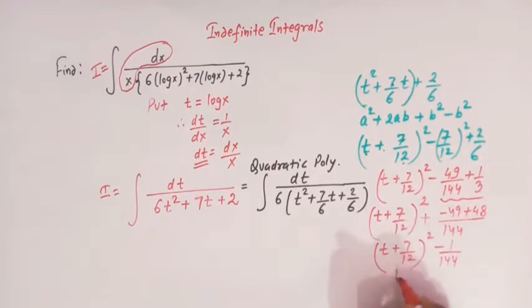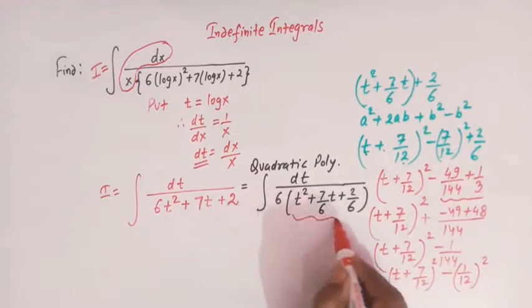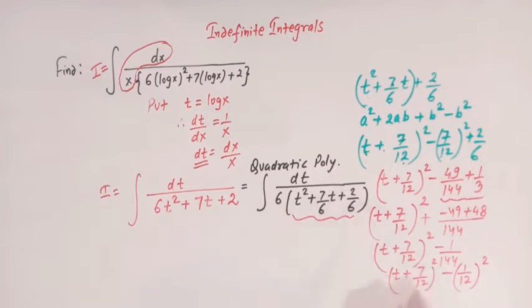This can further be written as t plus 7 over 12 square minus, and 1 over 144 can be written as 1 over 12 square. So this quadratic polynomial can now be replaced by this one.